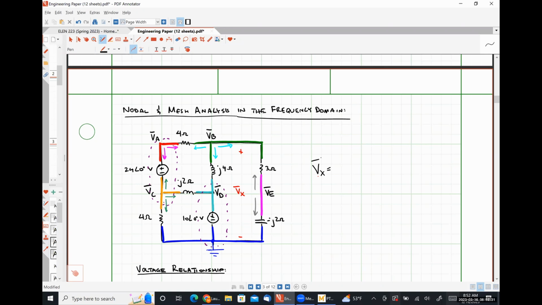So what's the nodal voltage associated with the positive polarity terminal of Vx? VB. What's the nodal voltage at the negative polarity terminal of Vx? The negative polarity terminal down here, by the way. Ground, so 0. So Vx is just equal to VB.